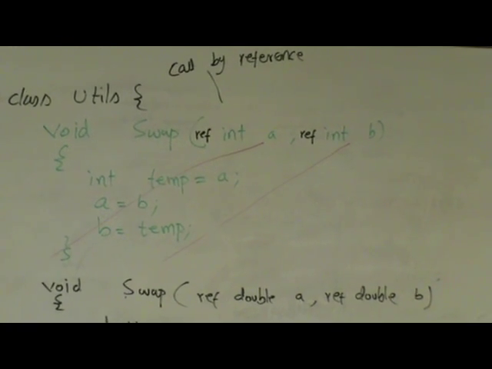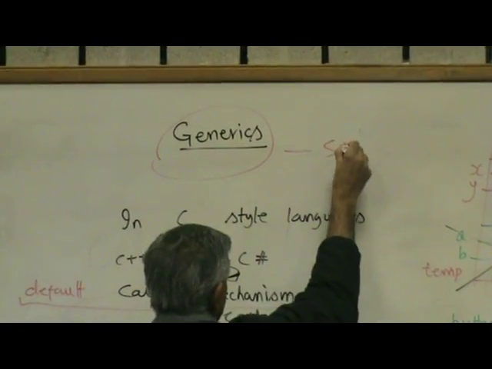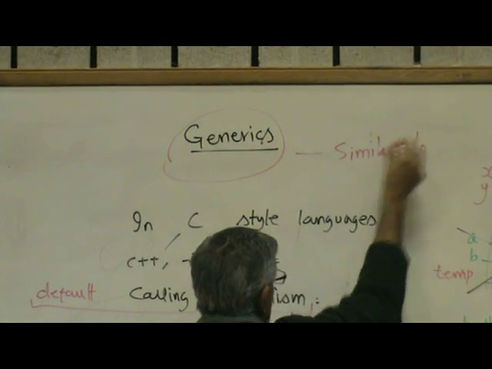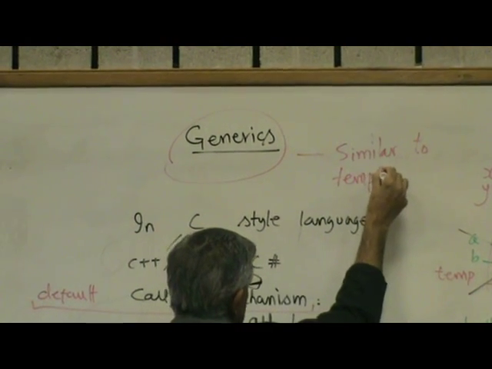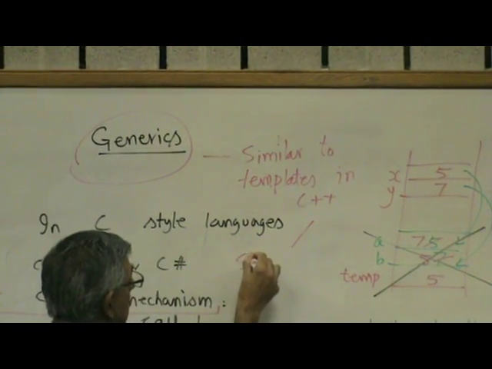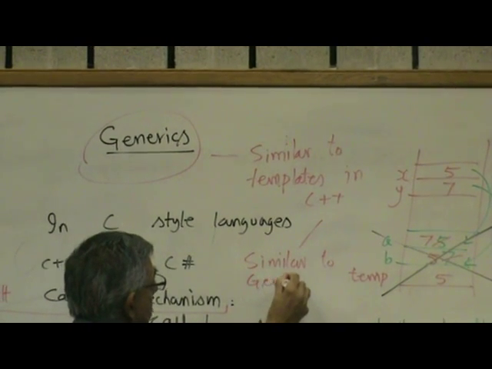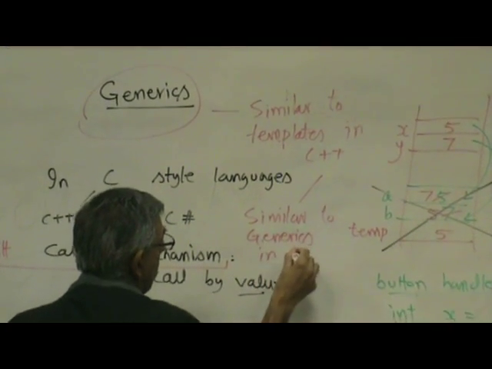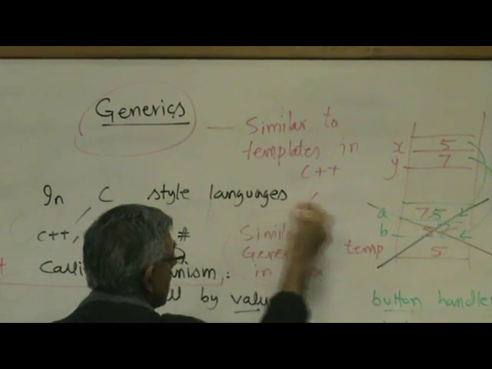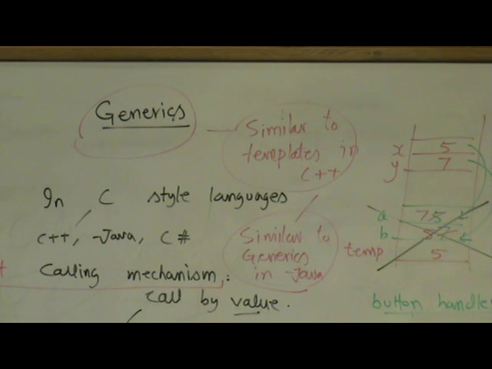That capability is called generics, and it is similar to templates in C++ and generics in Java. However, in my opinion, C# generics are a lot more powerful than Java's or C++'s, as I will demonstrate to you.